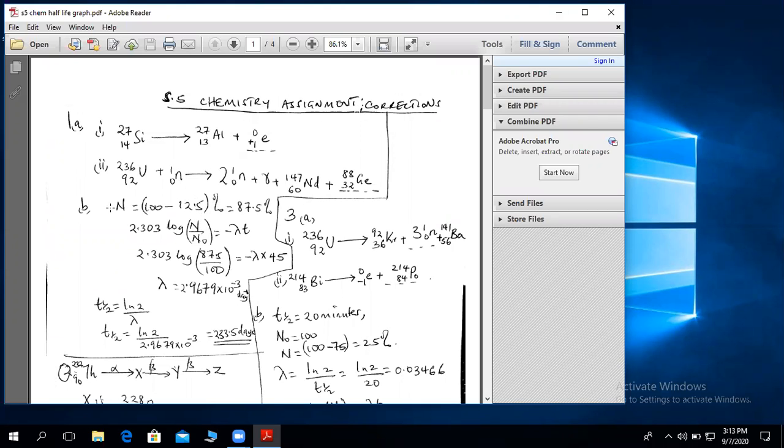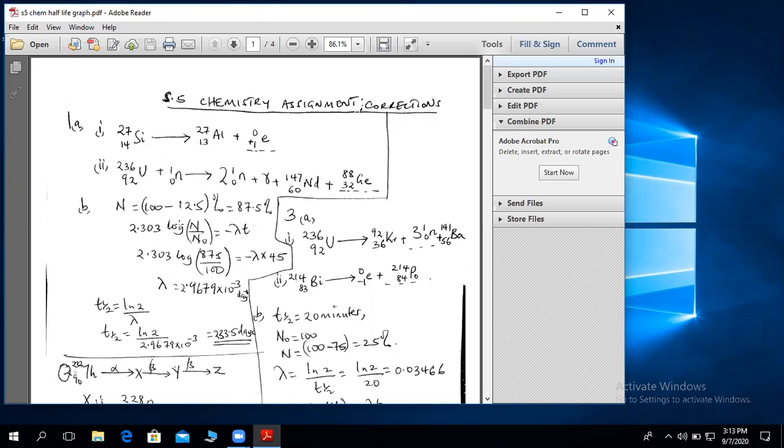So it means N, which is the amount of the element remaining, is 87.5. We get it by getting 100 minus 12.5. That's how we get 87.5.